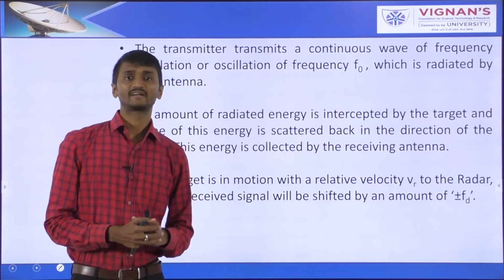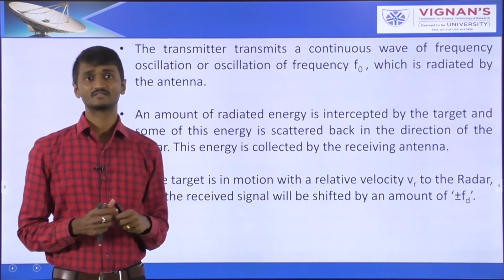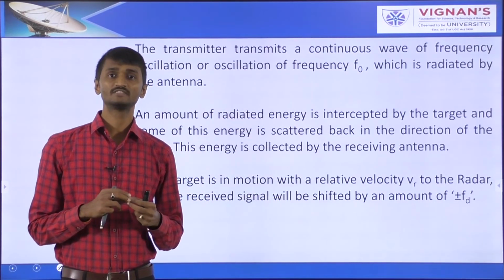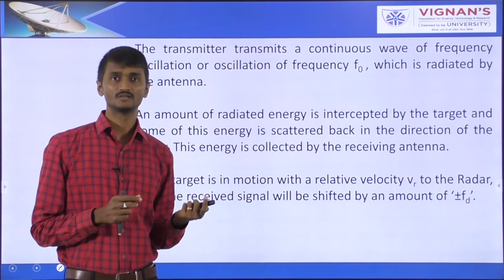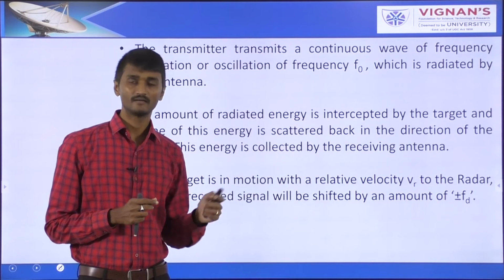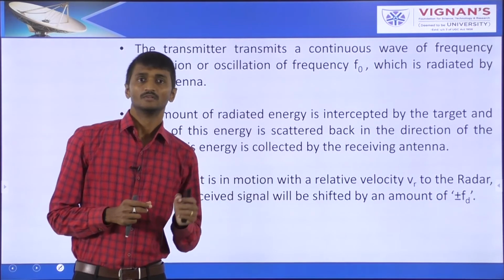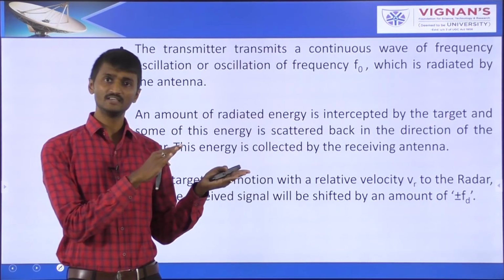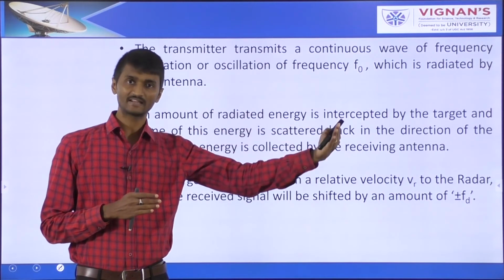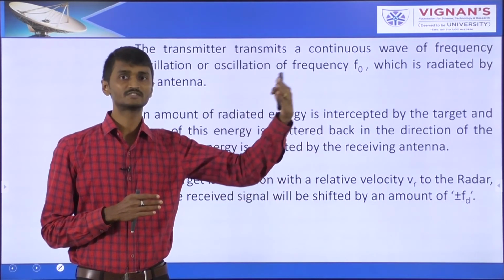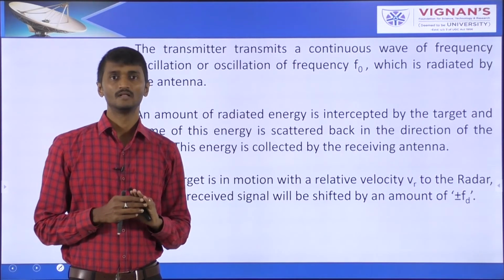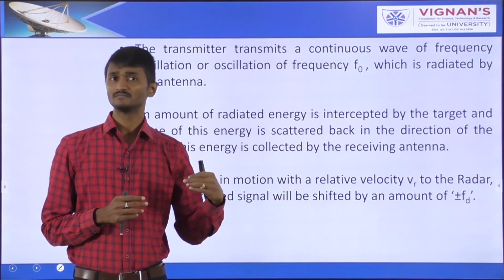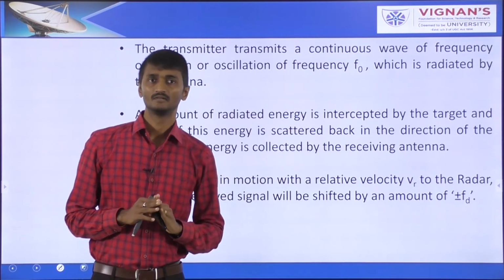The transmitter transmits a continuous wave of frequency f0, which is radiated by the antenna. An amount of radiated energy is intercepted by the target and some of this energy is scattered back in the direction of the radar. This energy is collected by the receiving antenna, right?